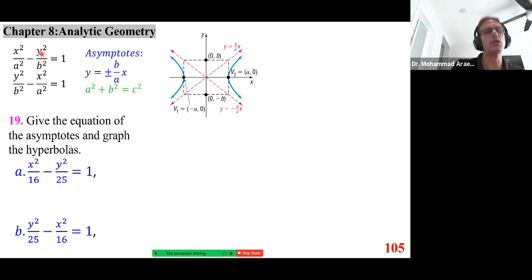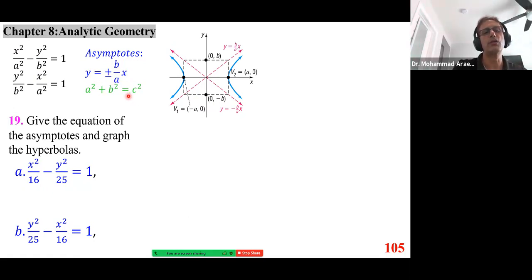So here's what we know. X squared over a squared minus y squared over b squared. If the coefficient of x squared is positive, it opens sideways, okay? And the asymptotes have the equation y equals plus minus b over a times x.